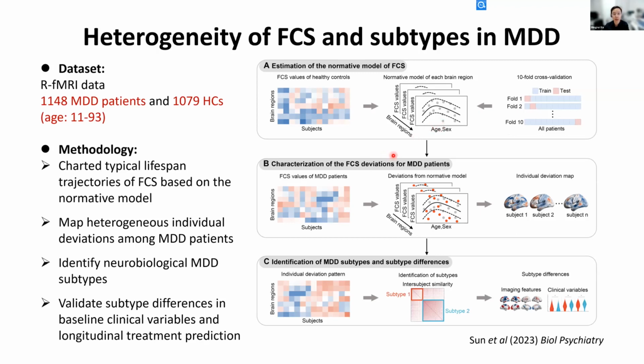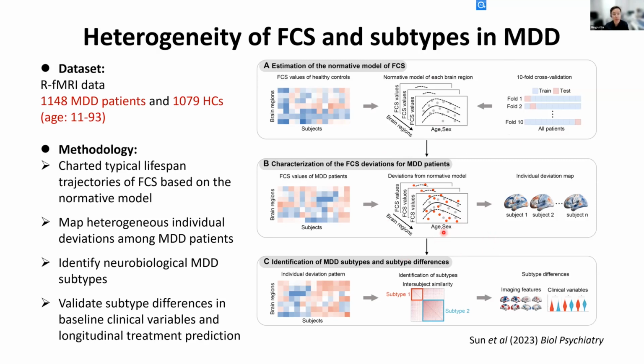We also conducted some validations, like tenfold cross validation, to ensure the reliability of our models. Then for each patient with depression, their FCS map was positioned on the normative model, and we can quantitatively estimate their deviations. This obtained a deviation map for each patient.